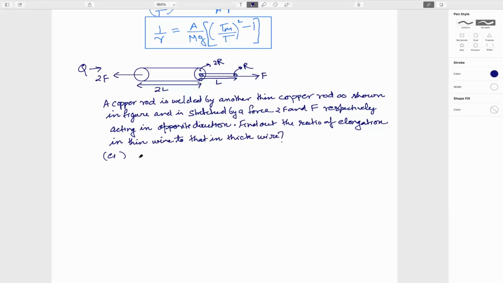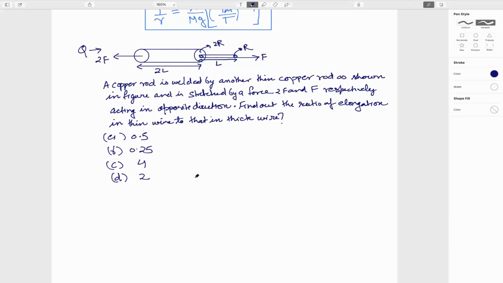Options are 0.5, 0.25, 4, 2. It's a tricky question. Take 2 minutes to solve this and we'll see. A very tricky question.